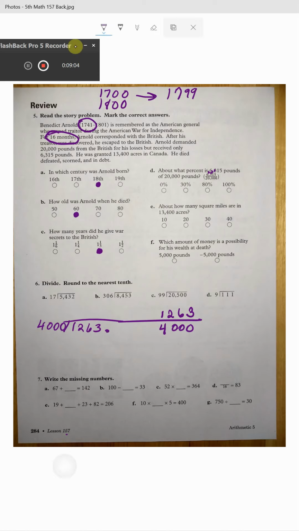Well, it doesn't go into that at all, so I better add a decimal right away. So 4 goes into 12 3 times. So this is a 3. And that would be 12,000. Now I have 630. Add another 0. 4 goes into 6,000 once.